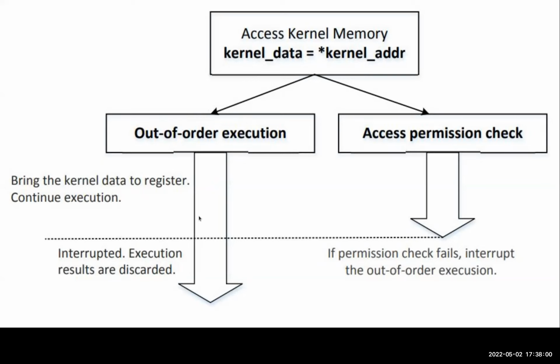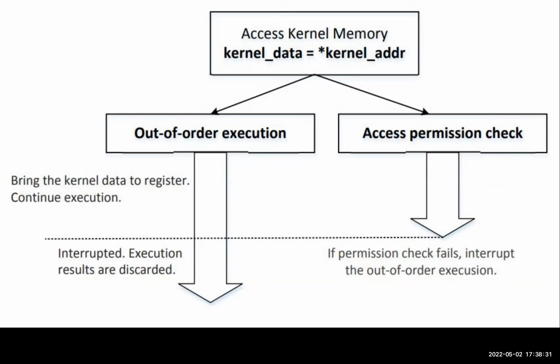So when this happens, your code keeps executing. Then the CPU checks with the MMU and finds that you actually do not have the permission to do that. So the CPU will quickly stop the out of order execution and roll back to where it was before.